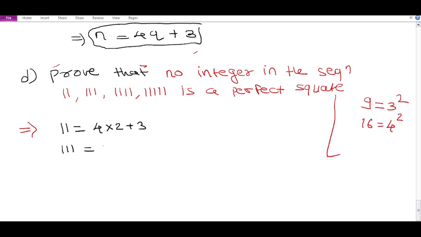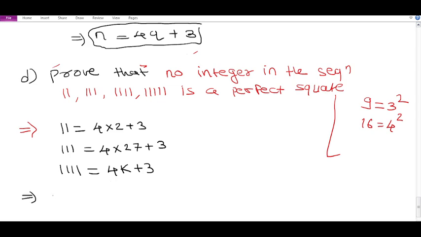111 can be written as 4 times 27 plus 3. So every integer in this sequence, 11, 111, 1111, 11111, also can be written as 4 times something plus 3.